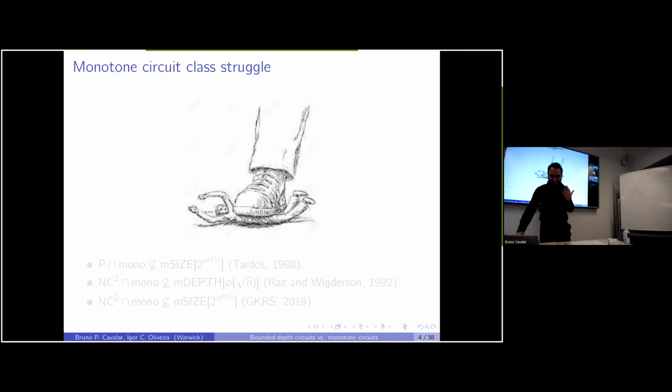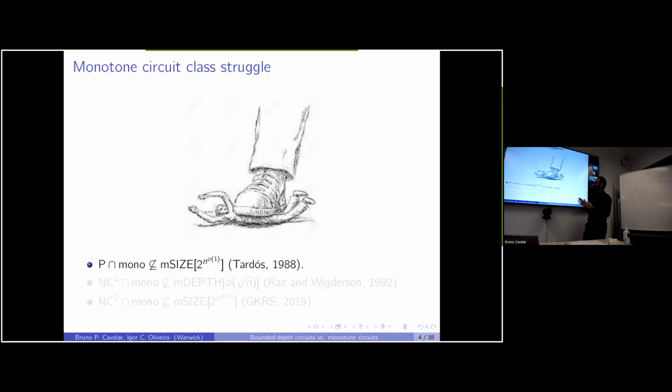If you know circuit complexity, you've heard a lot that monotone circuits are useless, because there are these monotone functions obtained by Tardos that can be computed by polynomial size circuits, but require exponential size monotone circuits. This highlights the weakness of monotone circuits.